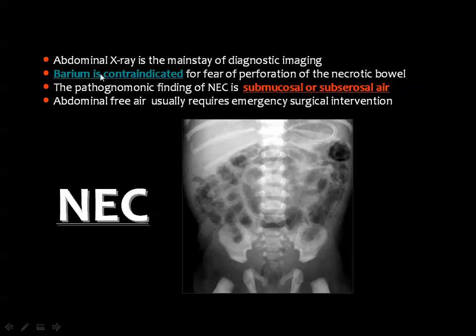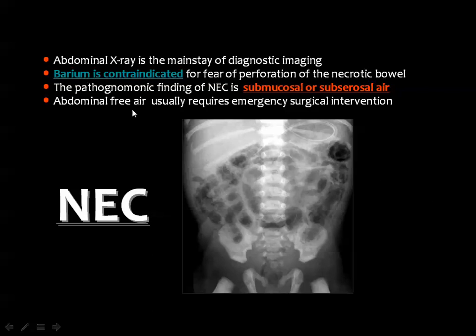Barium enema or barium meal follow-through are contraindicated for fear of perforation of the necrotic bowel, and perforation will result in accumulation of the barium in the peritoneal cavity, and this is one of the bad issues. Then the pathognomonic finding of necrotizing enterocolitis is the presence of submucosal or subserosal air in the wall of the bowel.